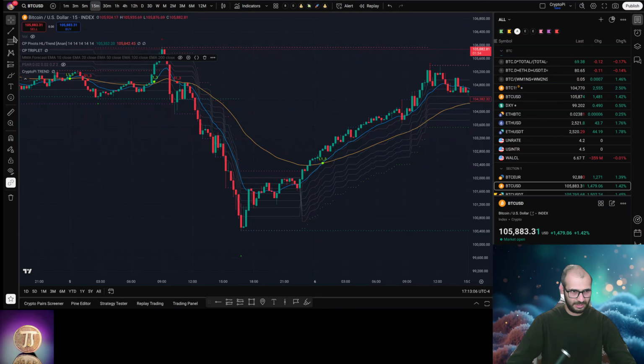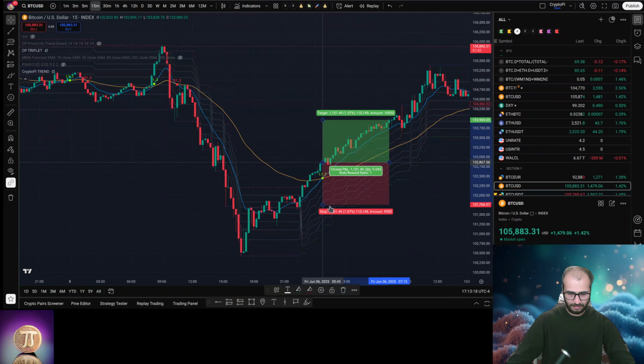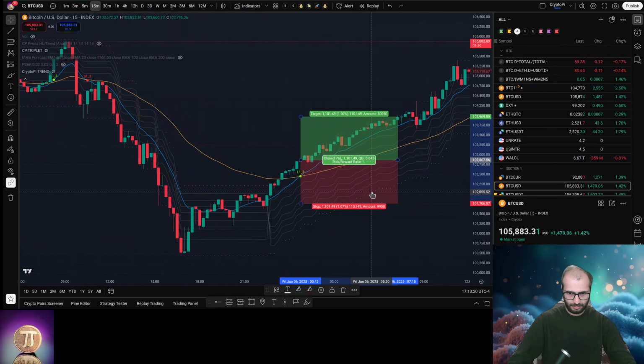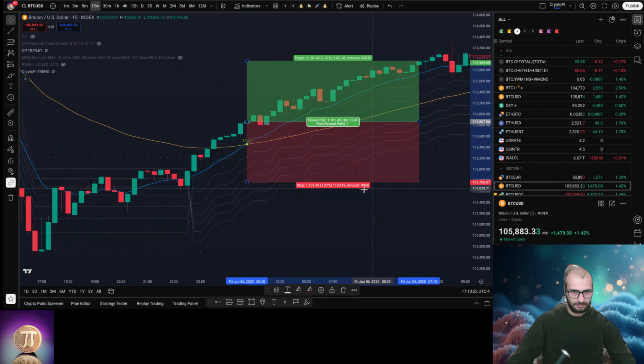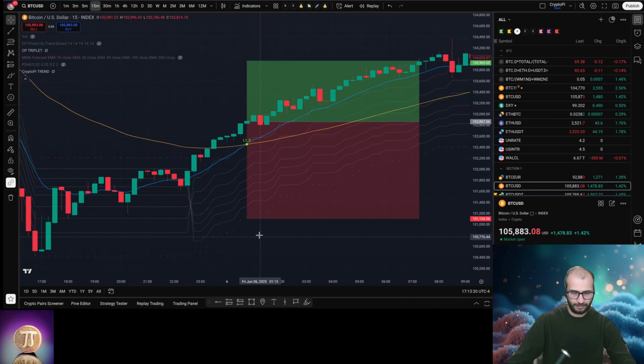So perhaps in this trade I can use the stop bands if I want to take a long trade on this line. All right, and I would scroll in and my stop loss would be just below the green line here.